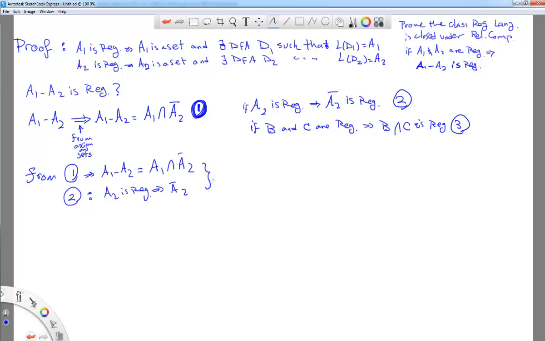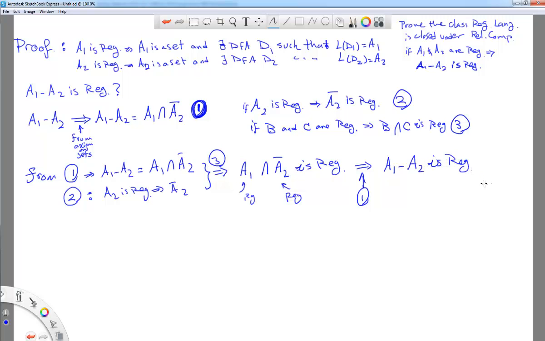And by combining these two from number 3, I get that A sub 1 intersect with the complement of A sub 2 is regular. And then going back to item number 1, A sub 1 minus A sub 2 is going to be regular. And that completes my proof.